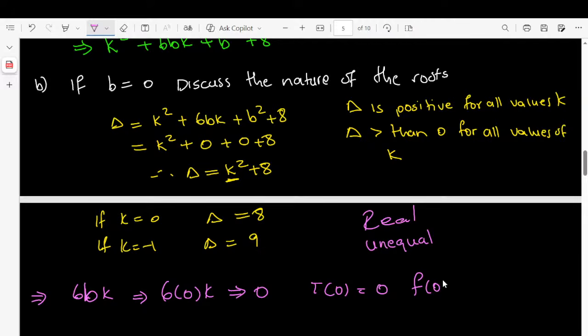F multiplied by 0, the answer is just 0. 0 multiplied by anything is 0. So this is what happened to k. 6 times 0 times k is just 0. Those who are asking what happened to k, yes, guys, it's just 0.